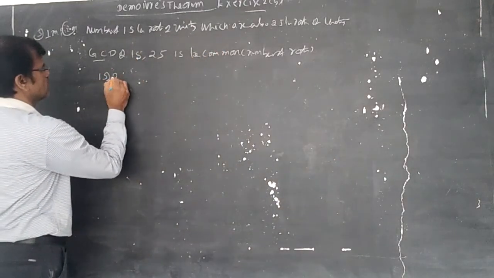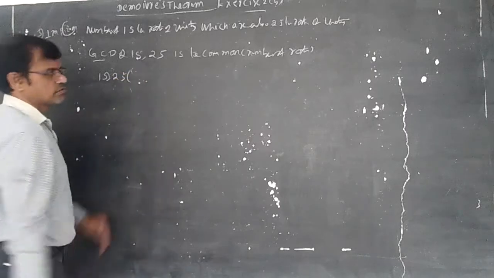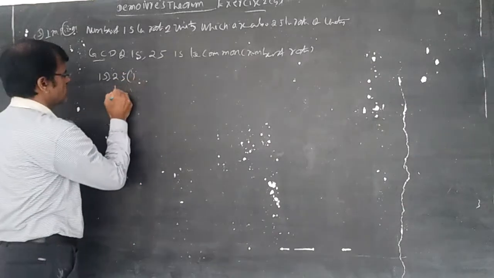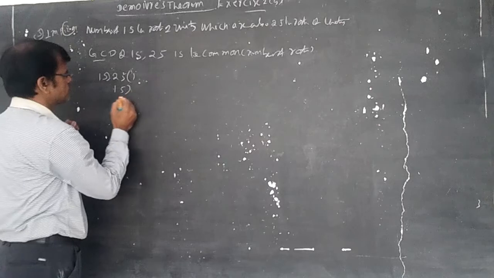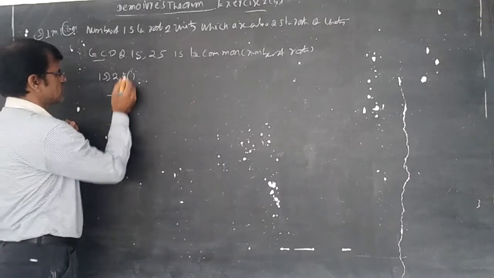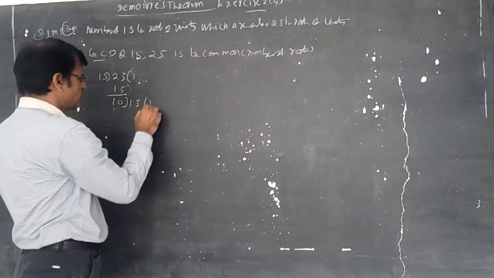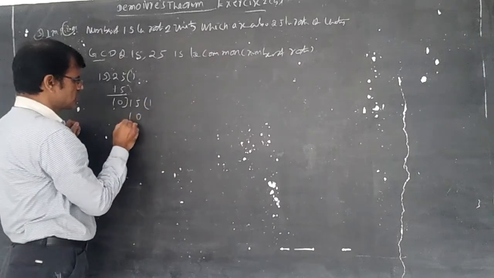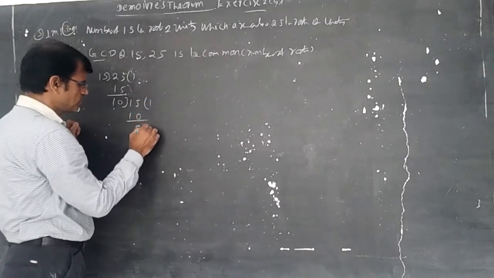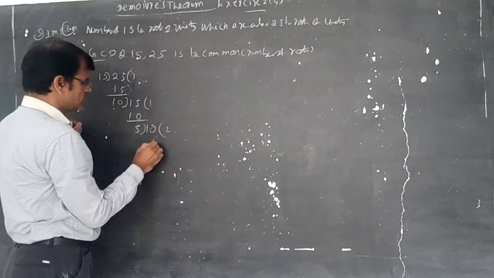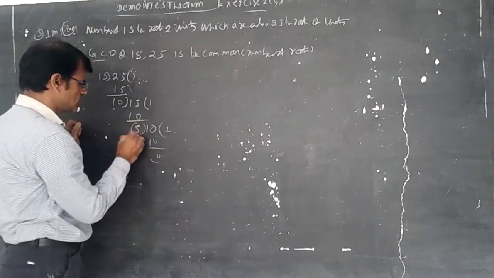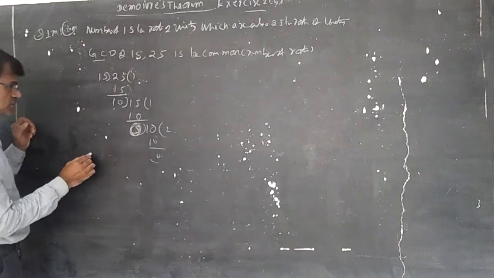GCD method like this: 15, 25, put here 1, this is 15, this is 10, so put here 15 and put here 1. 10 ones are 10, this is 5 and put here 10, 5 twos are 10, this is 0. Whatever the value here we got, that is the GCD.